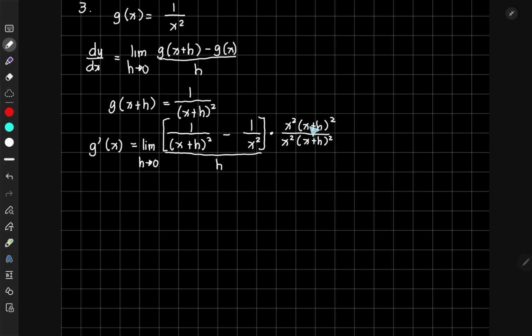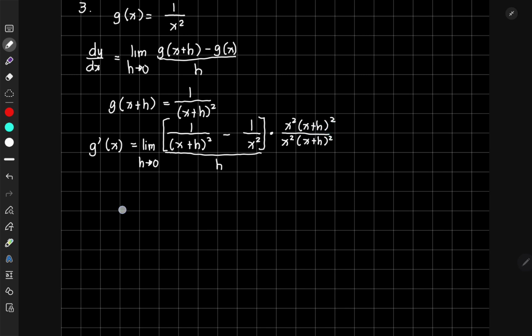Multiplying x squared times x plus h squared with 1 over x plus h squared, the x plus h squared cancels out.